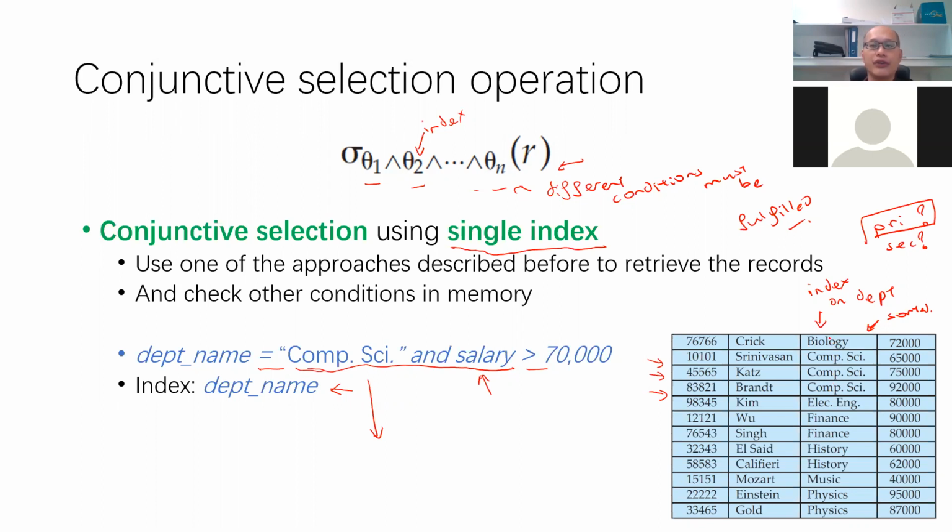Once we have this, if you want, you can refer back to the cost for a primary index on a non-candidate attribute.